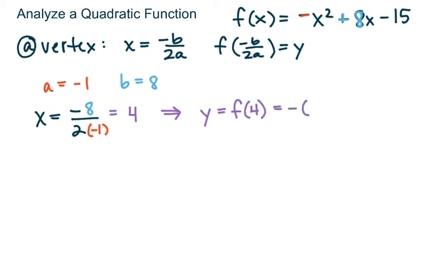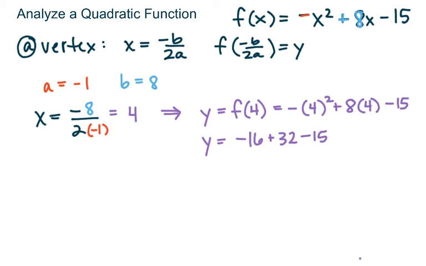So that is negative 4 squared plus 8 times 4 minus 15. So my y value, or f of 4, is negative 16 plus 32 minus 15. So that is negative 31 plus 32. That gives me 1.